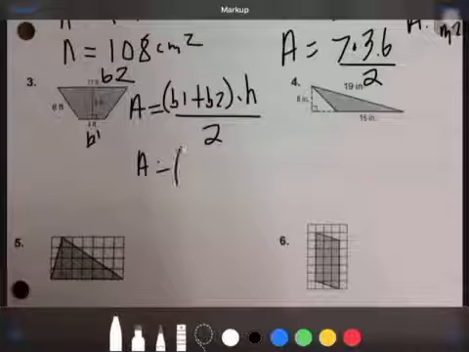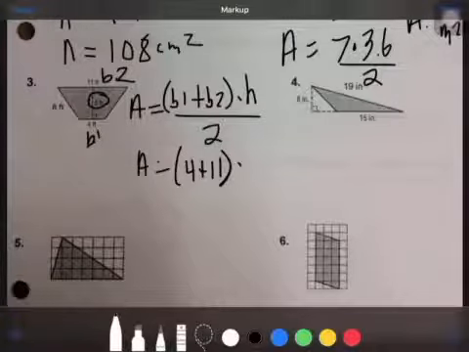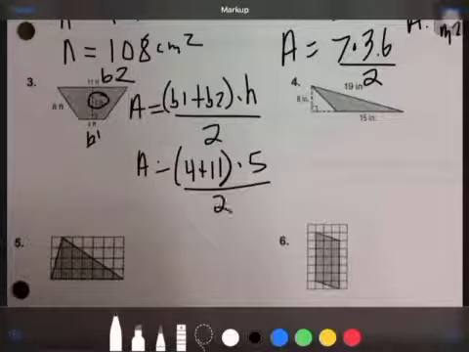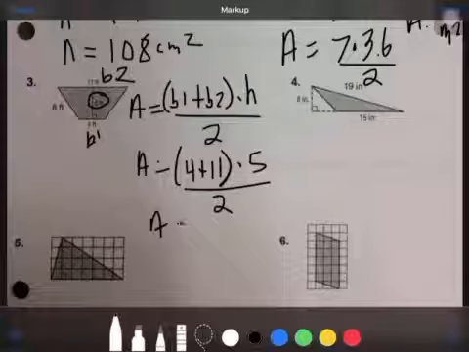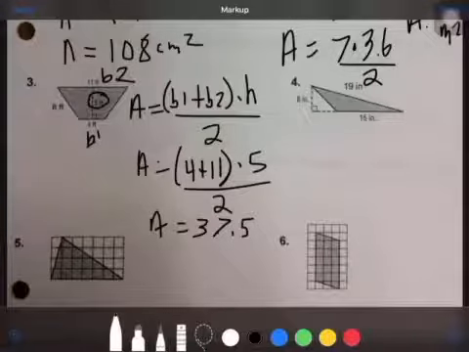It's going to be 4 plus 11 in parentheses times the height, which is the one going straight up, that's 5, all divided by 2. Well, I have to make sure I add inside first. So 4 plus 11 is 15, times 5 is 75, divided by 2, and you can do that all in your calculator. It's 37.5 feet squared.